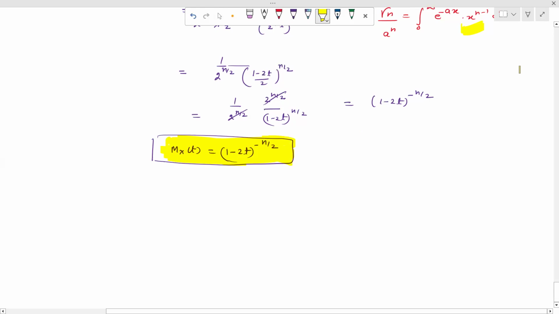So now, after discussing the moment generating function of chi-square distribution, we move to some basic properties related to that. So one is the characteristic function of chi-square distribution.